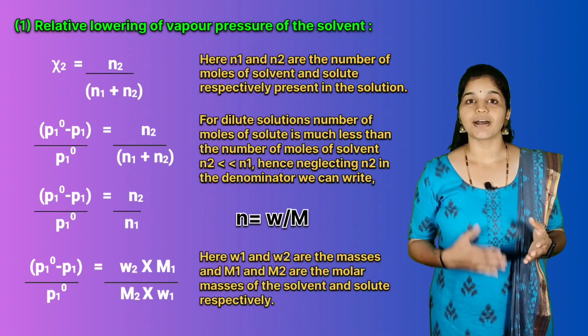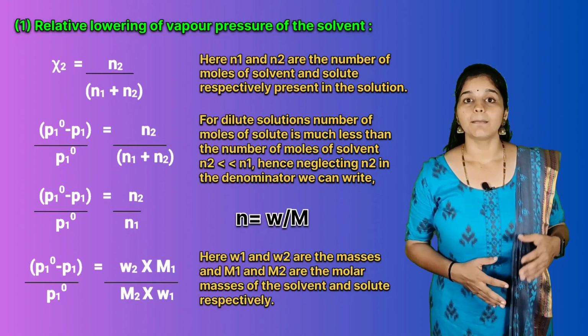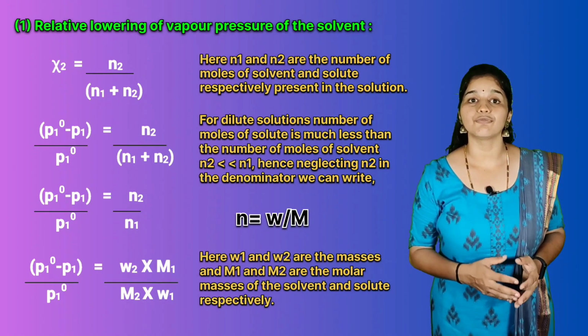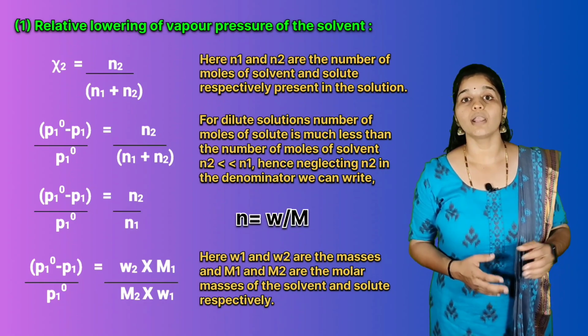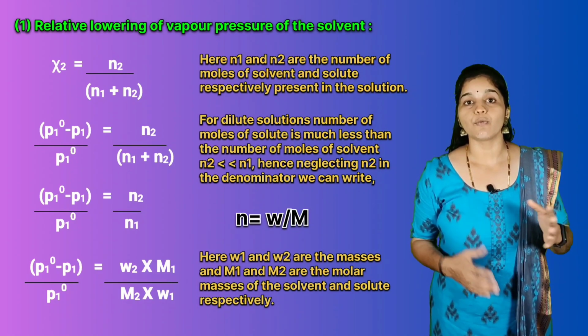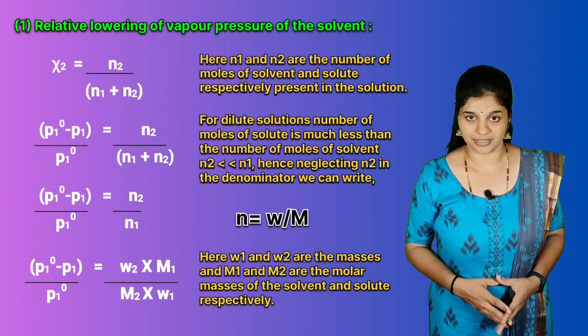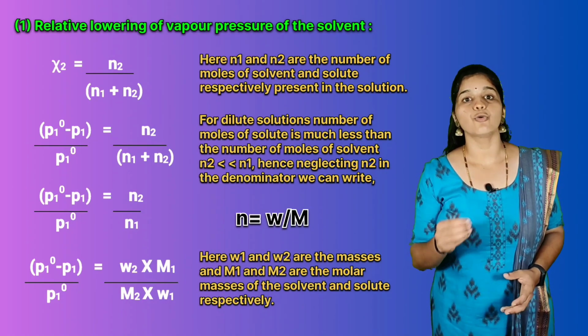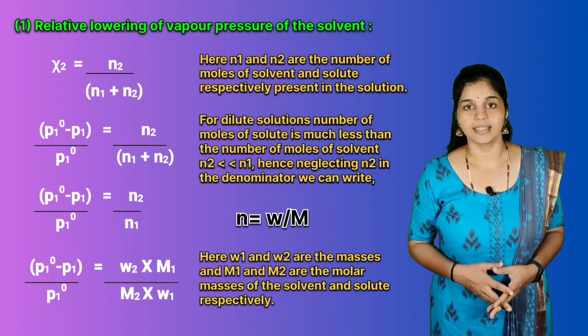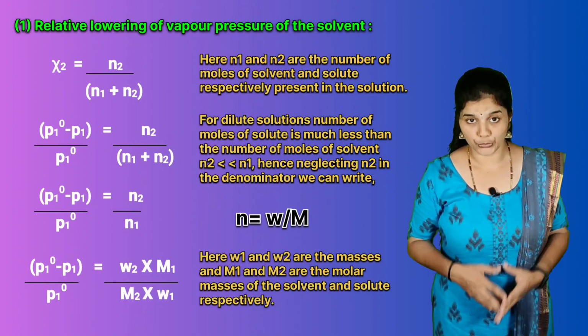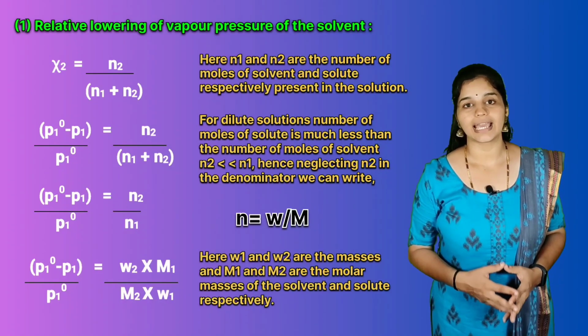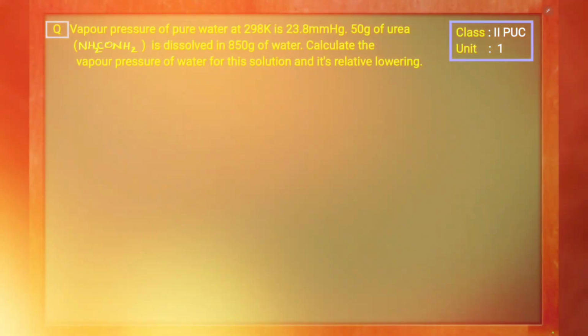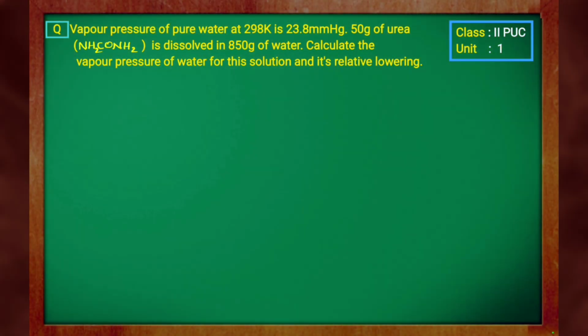Here, W1 and W2 are masses and M1 and M2 are molar masses of the solvent and solute respectively. Using this equation, knowing all the other quantities, the molar mass of the solute, that is M2, can be calculated.